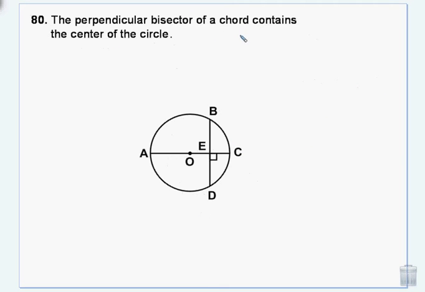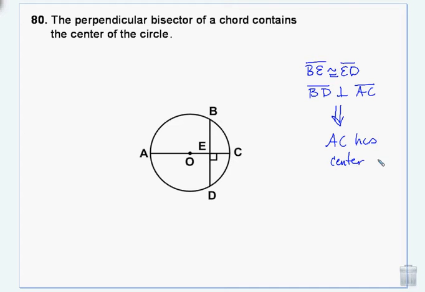The perpendicular bisector of a chord contains the center of the circle. This is the same picture as before. So we have the chord, and what we'd have is BE is congruent to ED, and BD has to be perpendicular to AC. And then that means that AC has the center O on it.